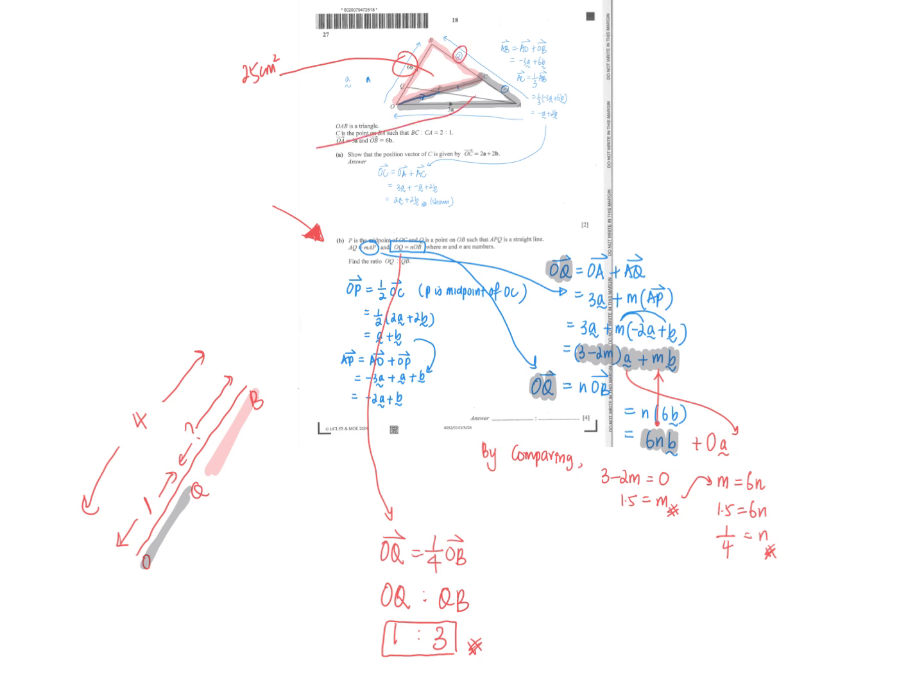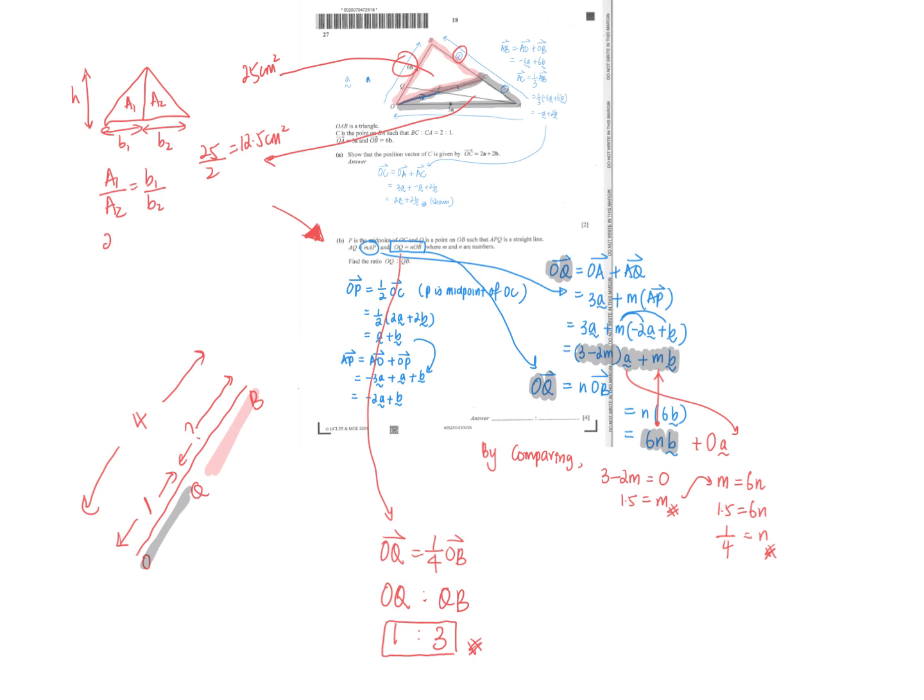So to find the 1 unit, it's just 25 divided by 2. Remember triangles with common height? A1 to A2 is equal to B1 to B2. So A1 is to A2 is the same as the ratio of their base. Because the height is common, it cancels off the base.